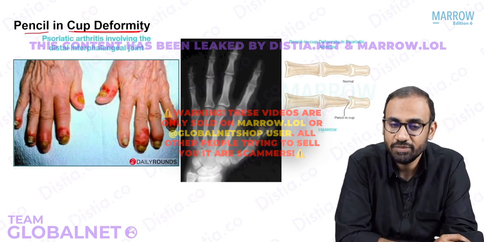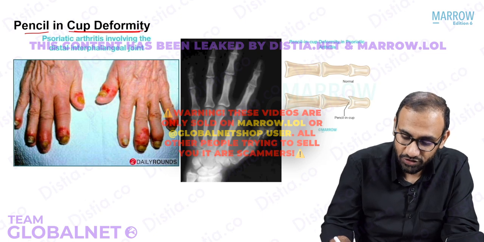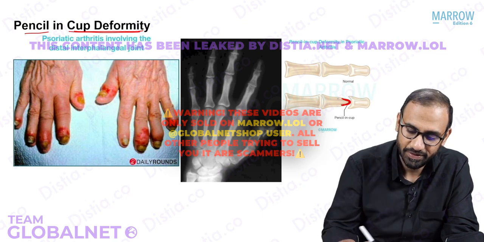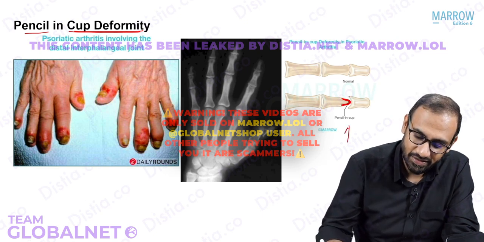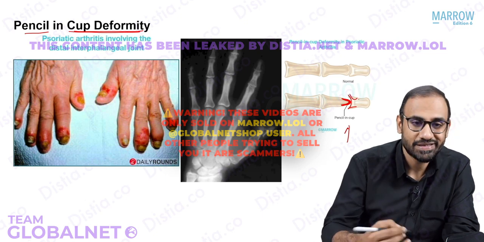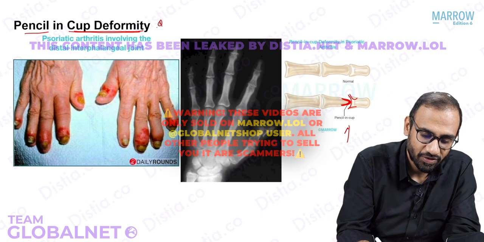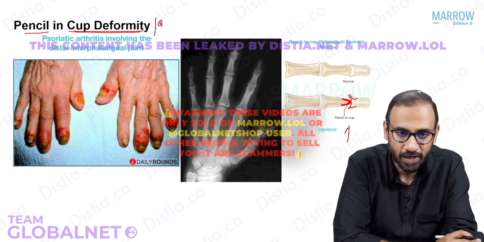What is this pencil in cup deformity? There is destruction of the phalanges in the shape of a pencil, in the shape of a tip, and this looks like a pencil which is inside a cup. Pencil in cup deformity has been asked as a deformity on X-ray in psoriatic arthritis.